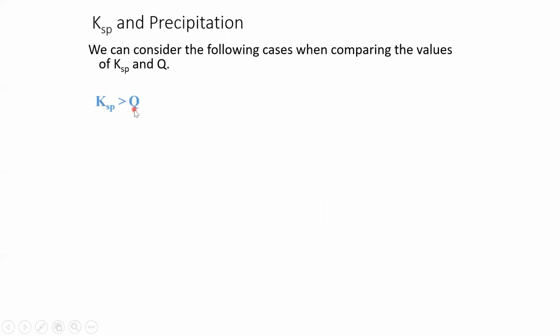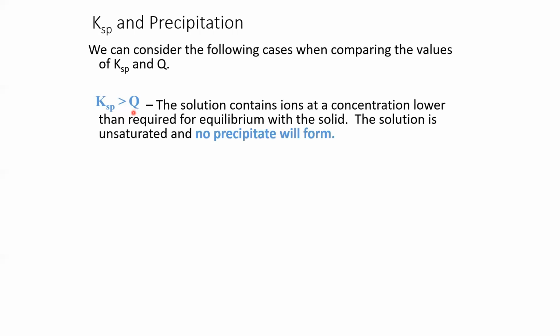If Q, which is the product of the ion concentrations that were given, is less than Ksp, we don't have enough ions in the solution to make a saturated solution. Therefore, we're not going to have a precipitate. We don't even have a saturated solution, so there isn't excess that could sink to the bottom as a precipitate.